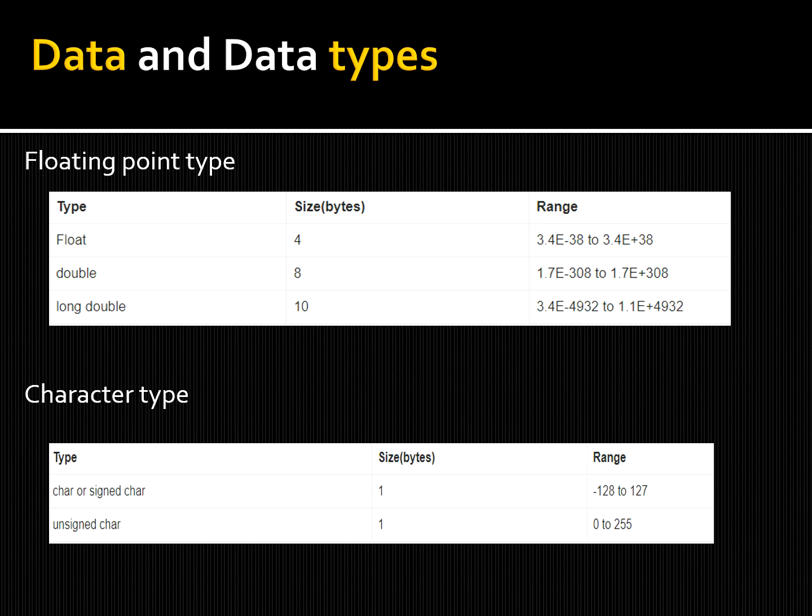For long double, 10 bytes, from 3.4e-4932 to 1.1e+4932. For character type, we have the char or signed char, 1 byte, ranging from -128 to 127. Another is unsigned char, 1 byte, 0 to 255.